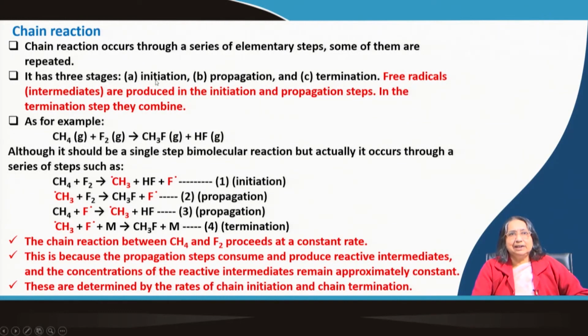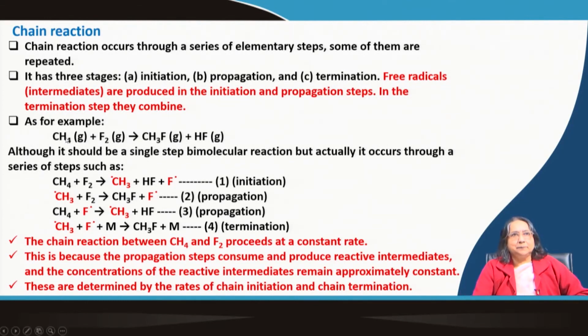First step is initiation, then propagation and then termination, and during initiation and propagation, free radicals, which are nothing but intermediates, are produced, and finally in the termination step they will combine and terminate the reaction. So, let us see an example.